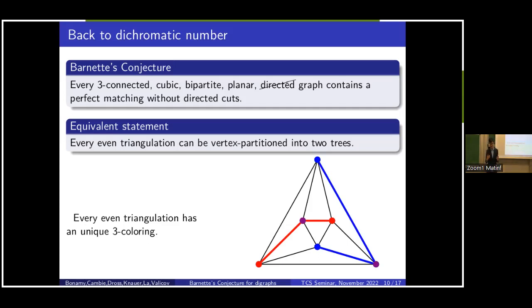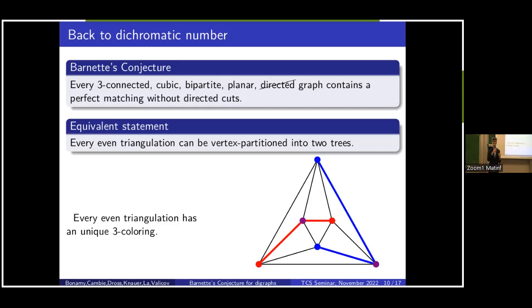Any way you can partition this into 2 trees, it will contain a whole color class from your 3 coloring. So here, for example, this red tree contains all the red vertices, this blue tree contains all the blue vertices.